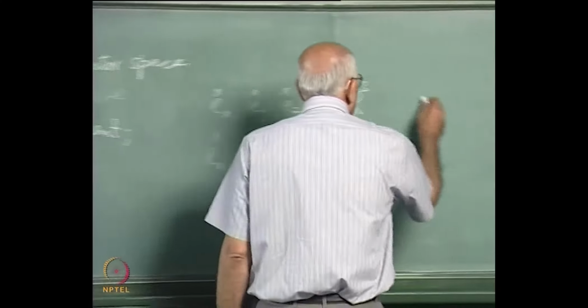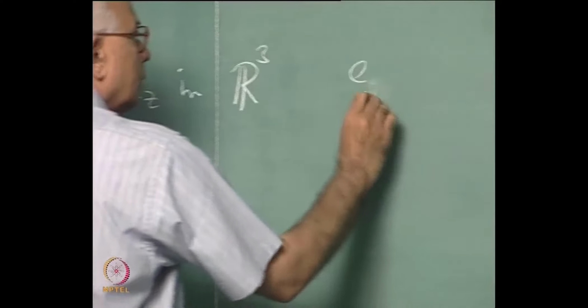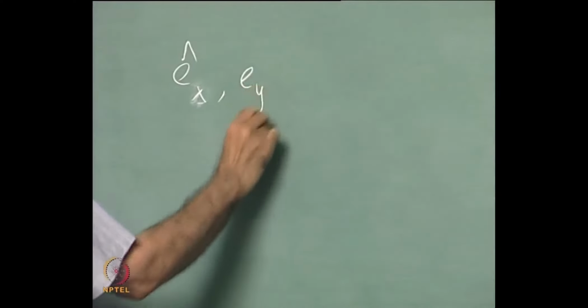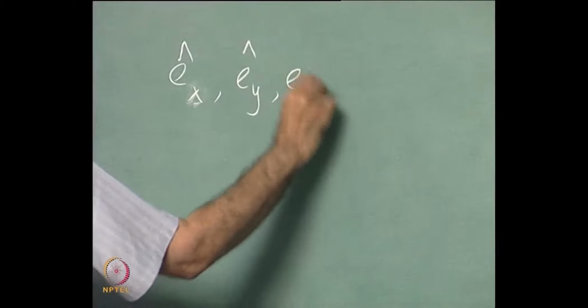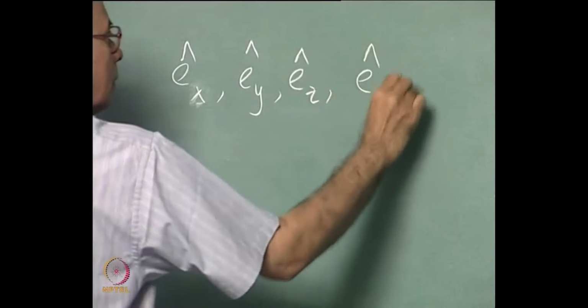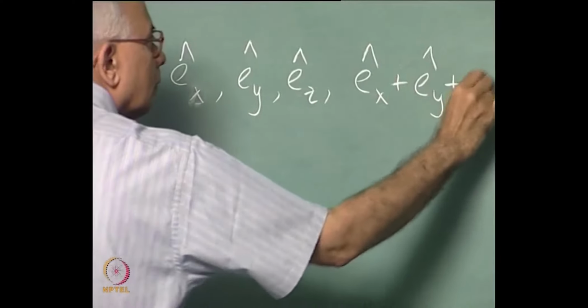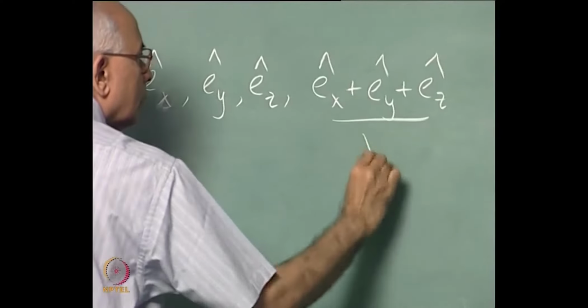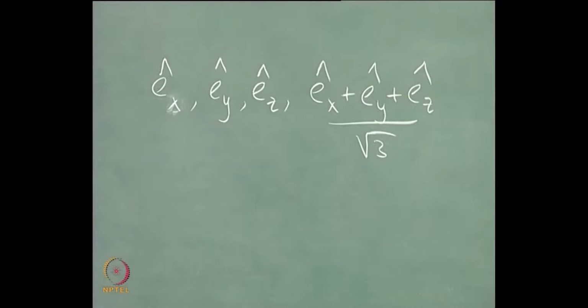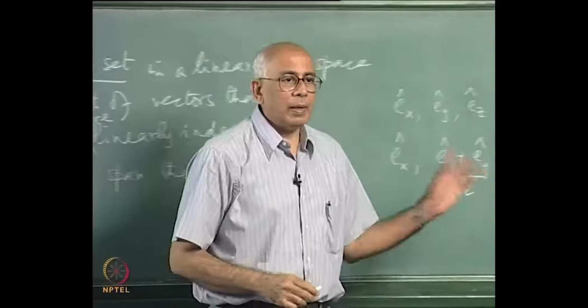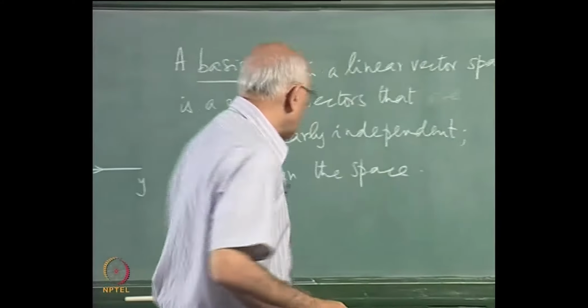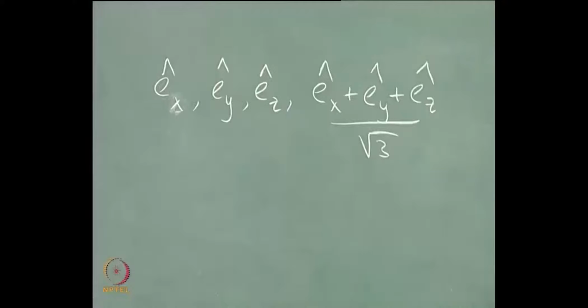Is this set of vectors linearly independent? This set of vectors is not linearly independent at all. Would this following set of vectors be a basis in the space?